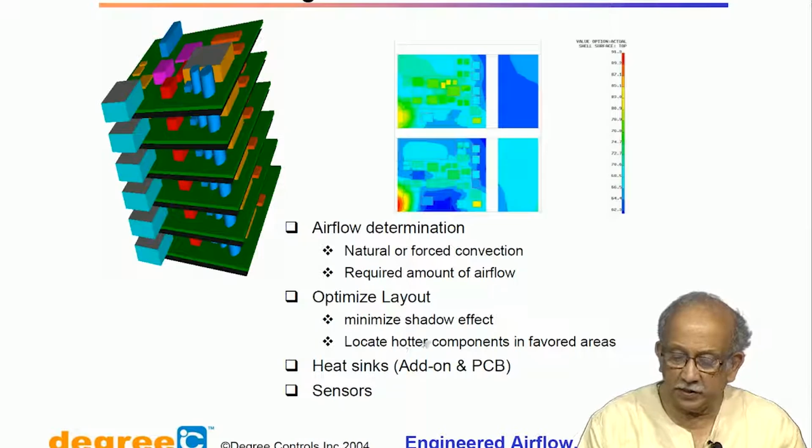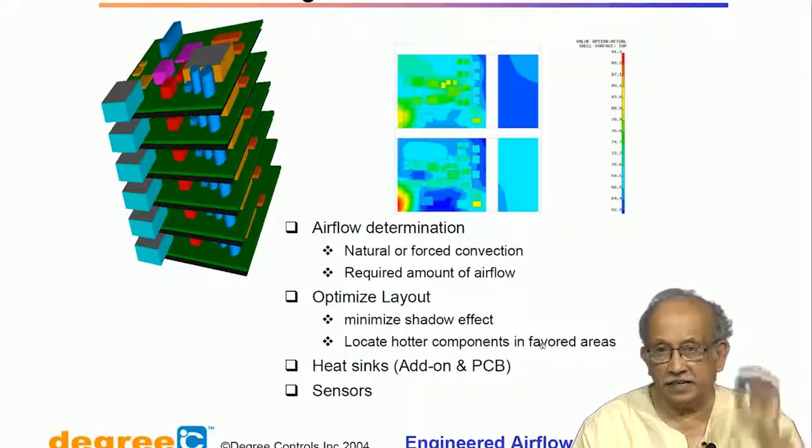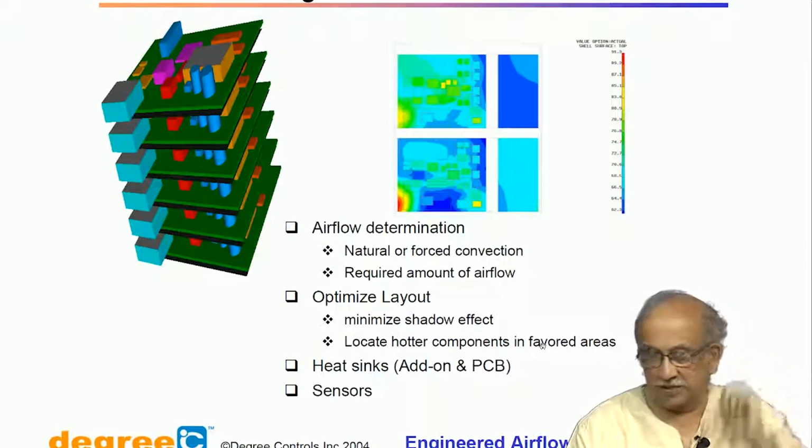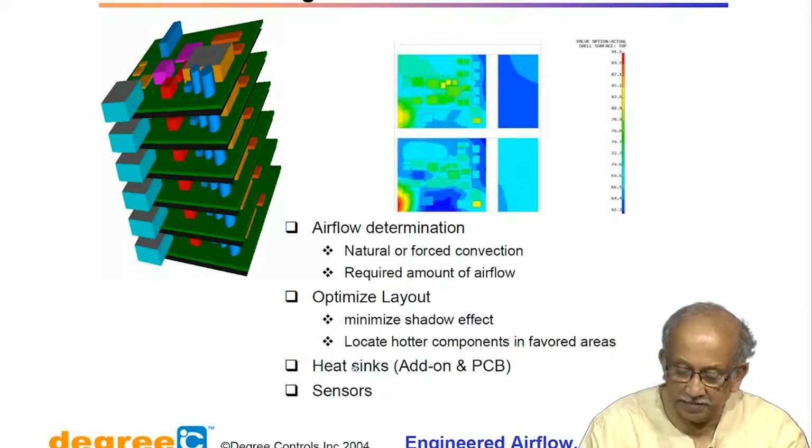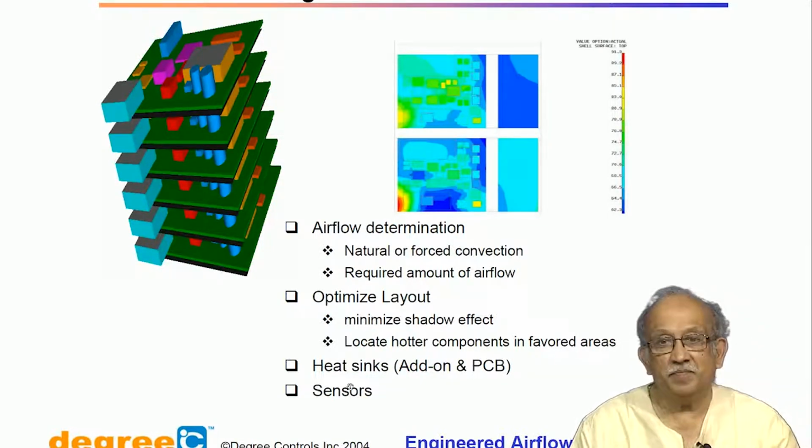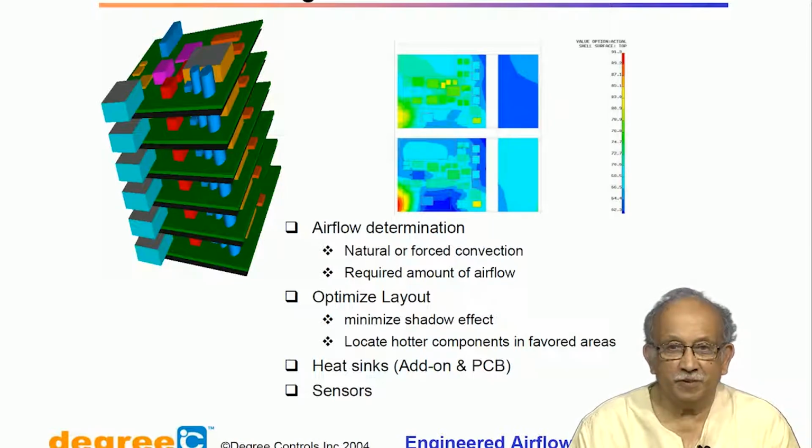If you see here, locate hotter components in favorable areas, that is what I was just now talking about. Second is heat sinks, saying where all would you put them.